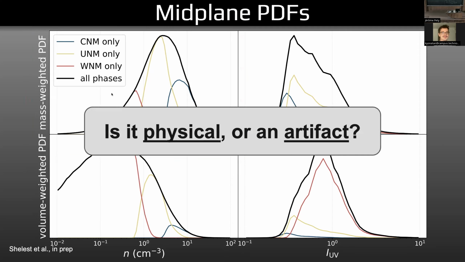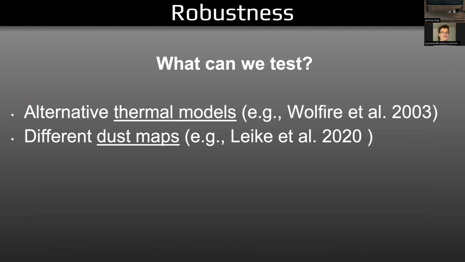So the question is, is it physical or maybe just an artifact of the modeling or observations? In order to address this question, we have a couple of options. First, we can try to apply alternative thermal models. Maybe the model is the problem, so that's why we get so much UNM. Another way to test our results is to test them on a different dust map.